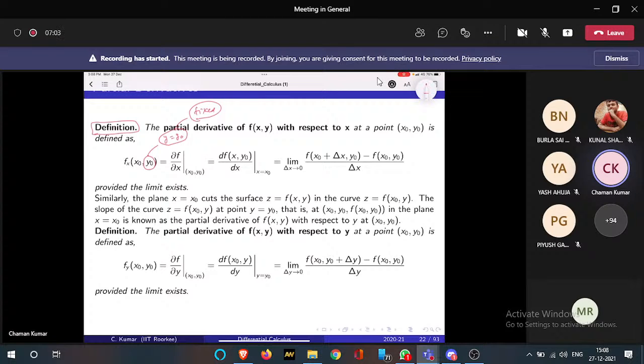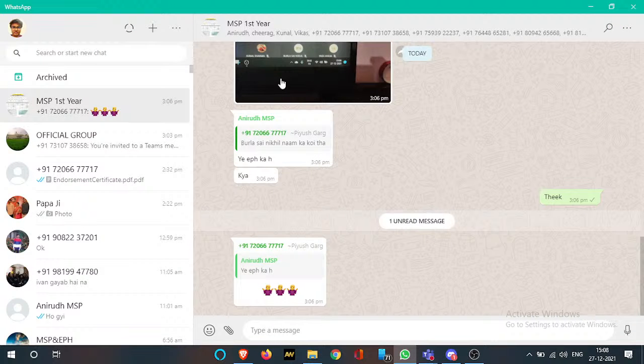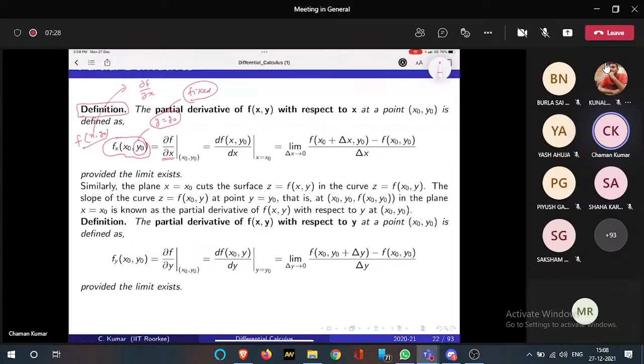Now by fixing this, the function will become a function of just one variable. Okay. Function of one variable, and then you differentiate this function with respect to x. So this is the notation that we use for the partial derivative of f with respect to x. Okay.